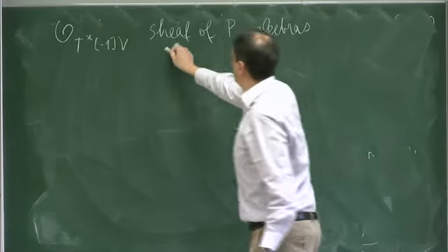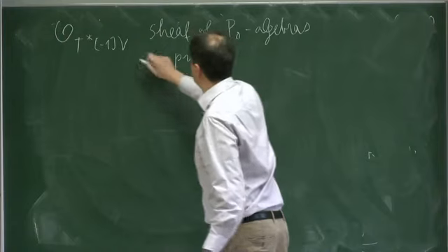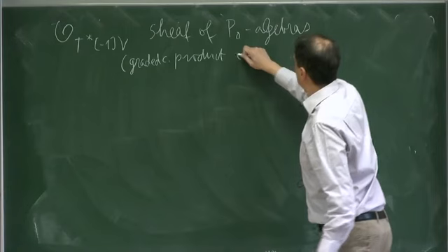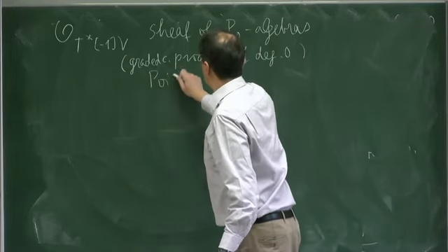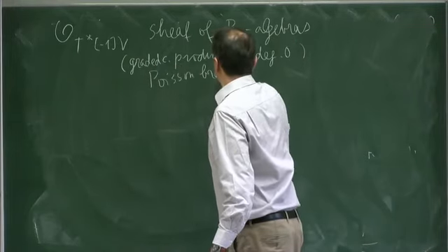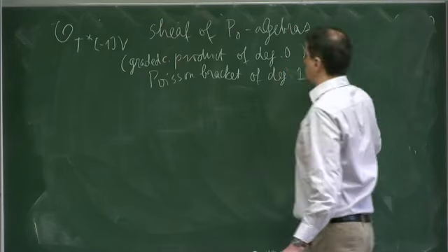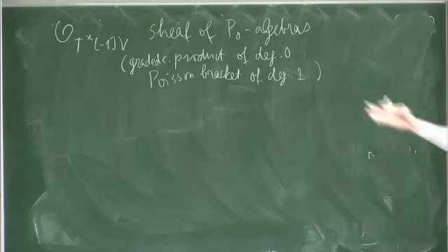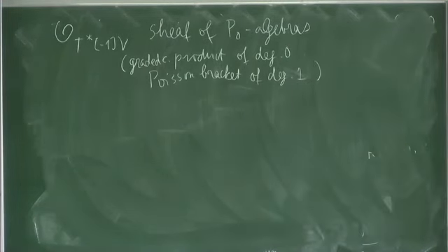Namely, there is a product, an associative, graded commutative product of degree 0, and a Poisson bracket of degree 1. The bracket is induced by the bracket of vector fields.